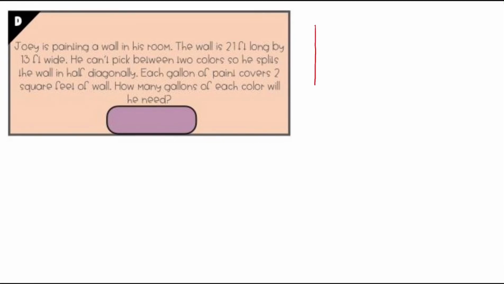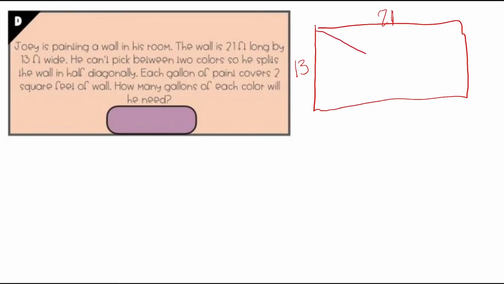So the first thing I'm going to do, like all the others, is draw my picture and label my wall. Now it says that he wants to do 2 colors, so that's telling me he's splitting the wall in half. So that gives me 2 triangles. So I know the first thing I need to do is find the area for each triangle. So that's 1/2 base times height again.